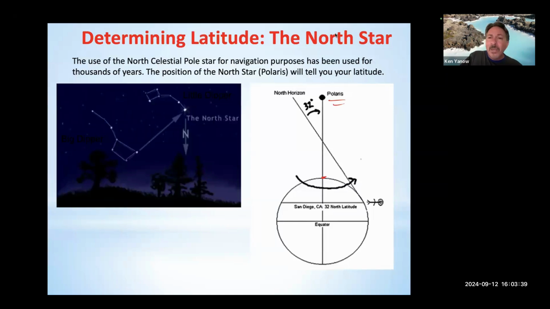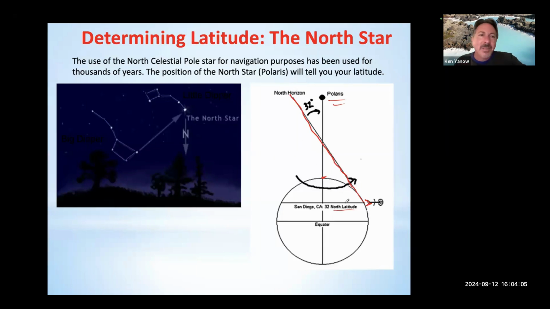Now the question becomes, how is Polaris used to determine your latitude? Well, here's a nice schematic diagram. Let's say that you're here in San Diego, California at roughly 32 degrees north latitude. And let's say that we make a line drawn to our north horizon.